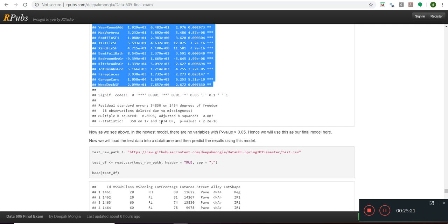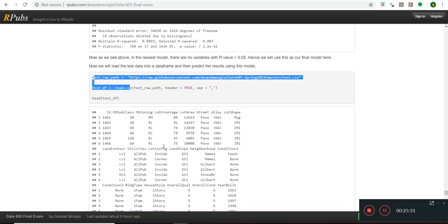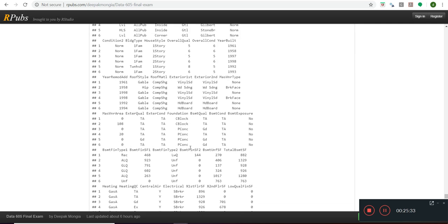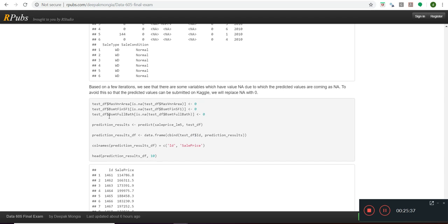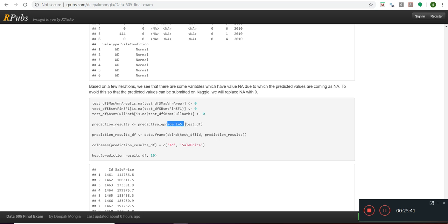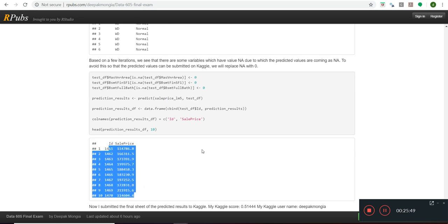We'll use that as our final model, and we'll now use the test data from the same Kaggle data set and predict the values of the sale price. We'll use the predict function of the final model that we created, using the test data frame, and then we're getting the values here.